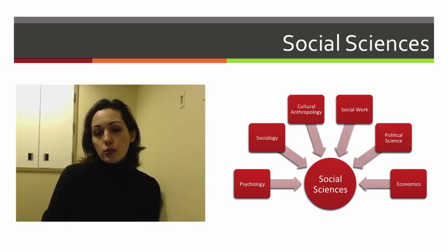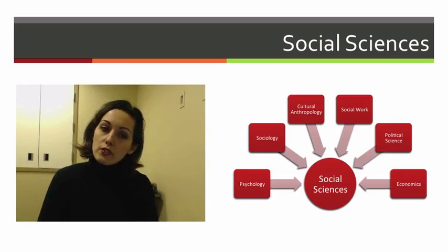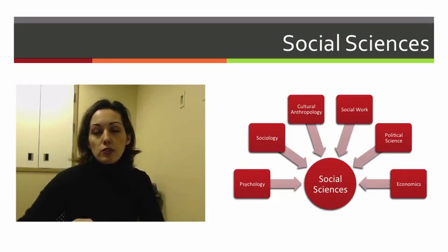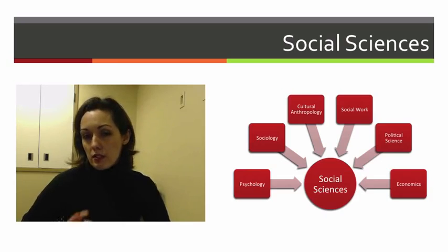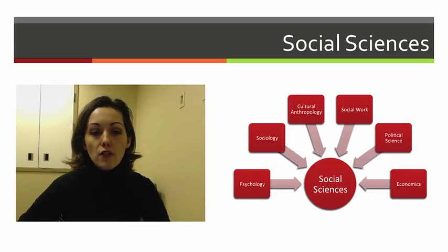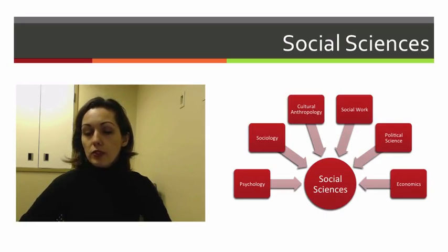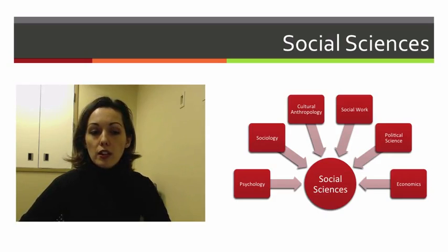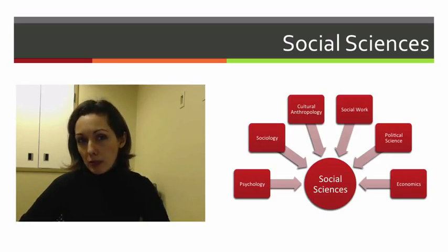The list includes disciplines such as psychology, sociology, cultural anthropology, political science, criminology, social work, women's studies. I did not include all of them in this little scheme that I have, but there are a number of disciplines that are not covered in here. It's not exhaustive, but generally what they have in common is that they all are interested in what humans do.